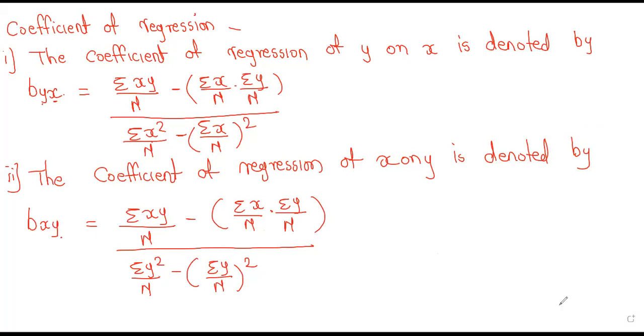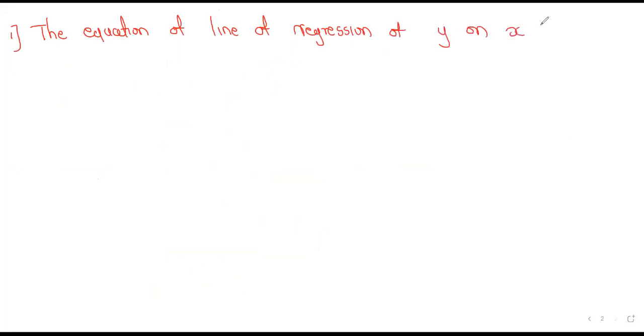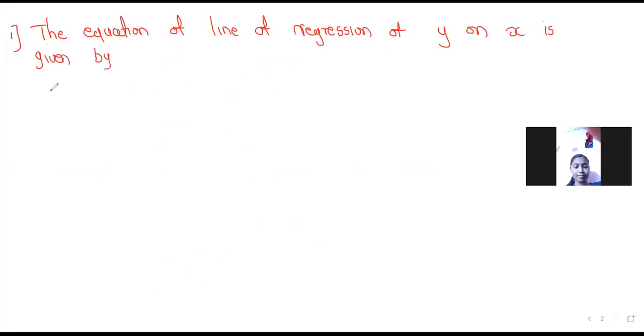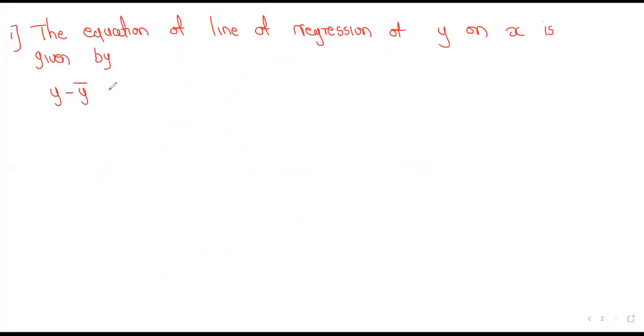So now the equation of line of regression of y on x is given by y minus y bar is equal to byx into x minus x bar.